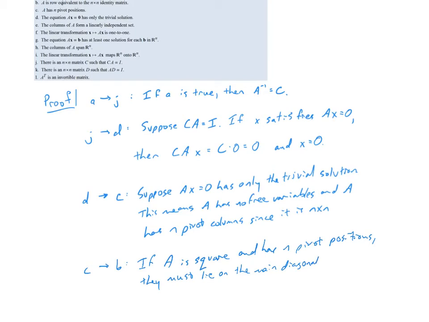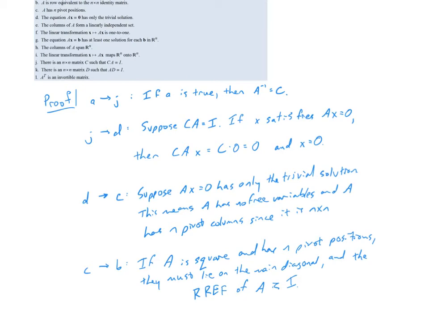They must lie on the main diagonal, and the reduced row echelon form of A is the identity matrix, right? It has n pivots. They have to be on the main diagonal. Boom. That gives us what we need to show in that step of the proof.